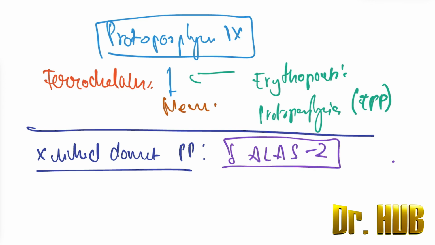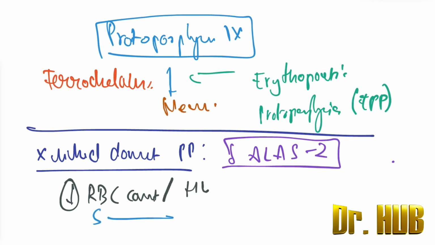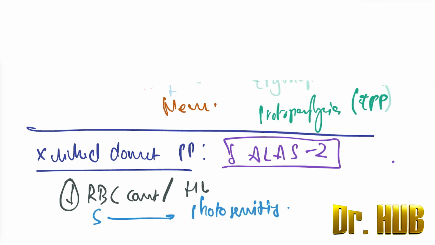The lab finding is a decrease in the RBC count as well as the hemoglobin. The symptom is the presence of photosensitivity.